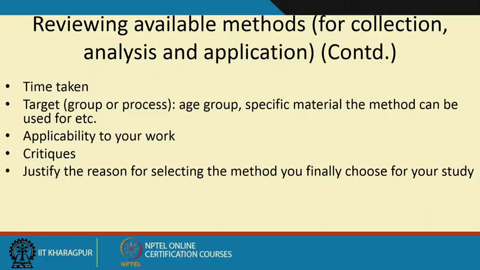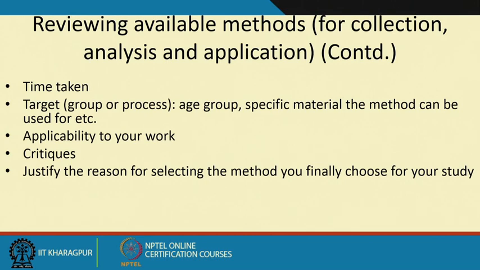You may want to use a particular method, but the specific sample on which the method can be used is not easily available, or it is expensive. Maybe the price could be one more parameter. At times there are methods that are available, but they are just not within your research budget. So all of these things are different factors that help you determine the choice of method, and when you write up the methodology section, putting all of these in clear cut detail helps you justify the choice of method that you finally choose for your study.